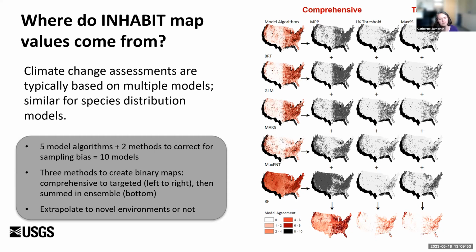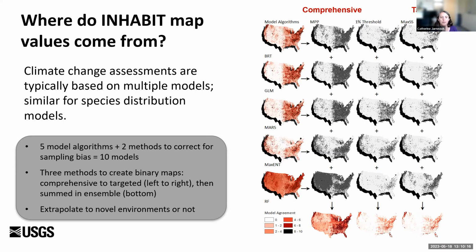So if you think of the type of data in EDDMapS, you're probably going to get a lot more information from areas near where people live and places that are closer to roads and easier to get to than really remote locations, just because you have more people there looking for species. And so we try to account for that as well.